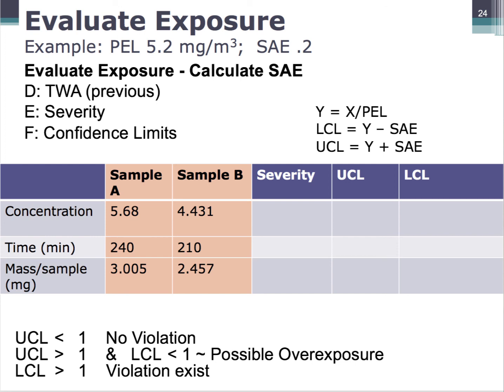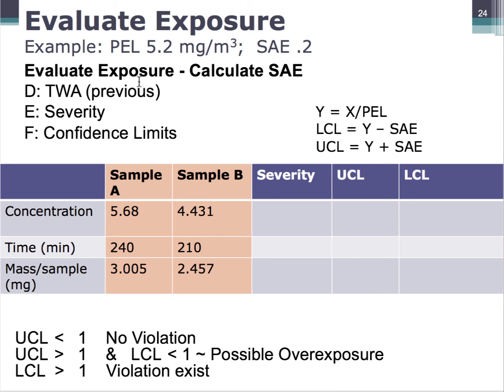So we have our sample data here that we have previously calculated. We calculated our concentrations. And now let's just use this fun little formula to evaluate the exposure or not based on the upper and lower confidence limits or confidence intervals. So I have my standard analytical error from the lab is 0.2.